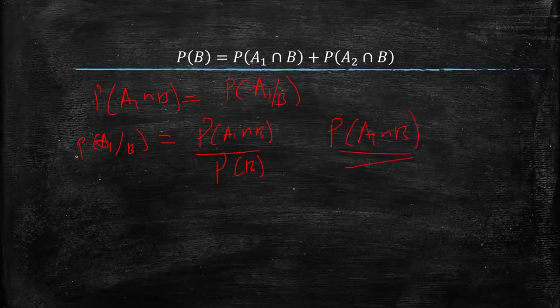We multiply the probability of B here, and we also multiply the probability of B here.